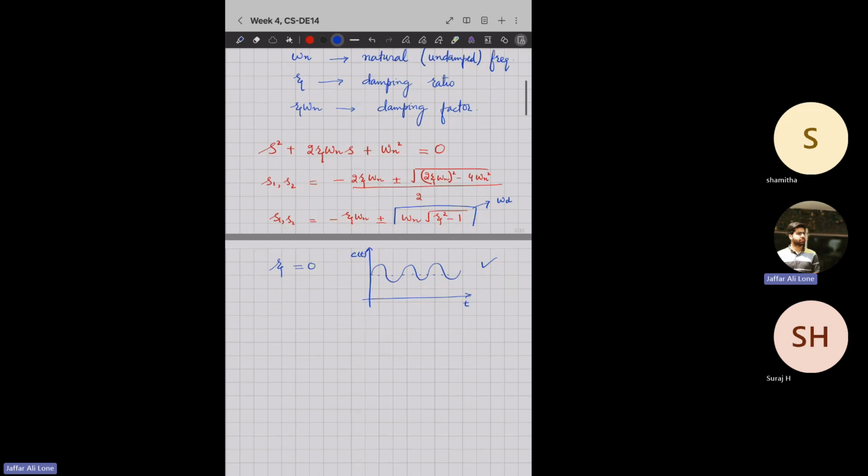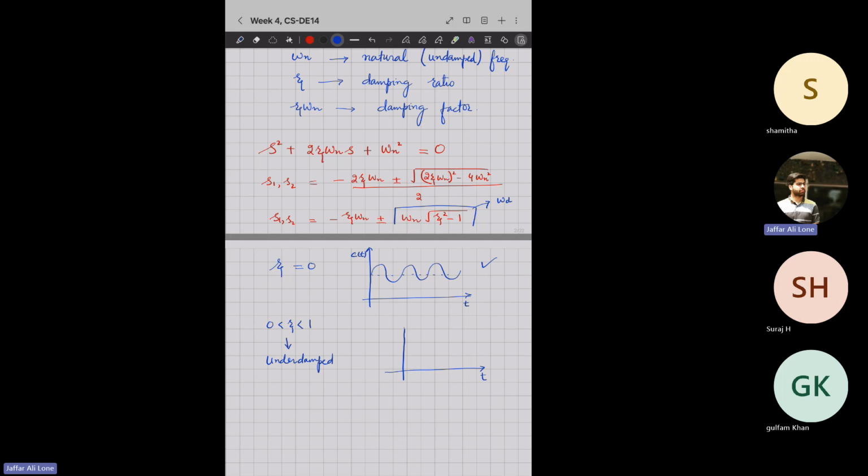If this zeta is between 0 and 1, then my system is called an underdamped system. You just remember this term. When zeta is between 0 and 1, the system is called underdamped. The response will be something like this. This is my time, this is my response c(t).